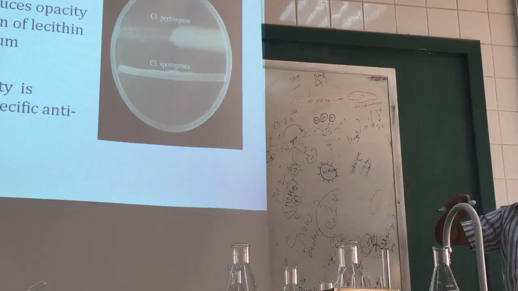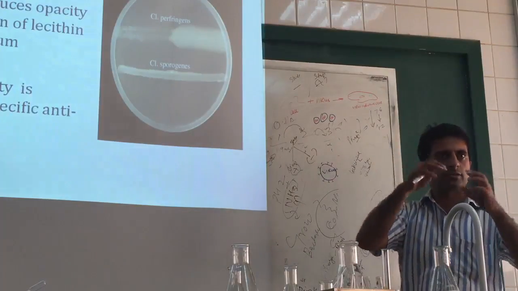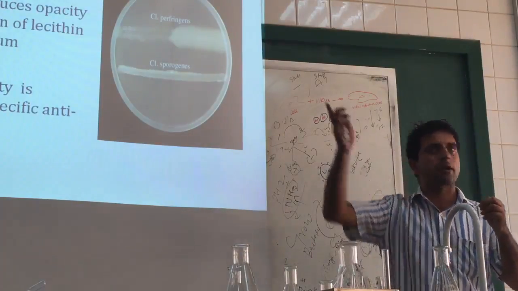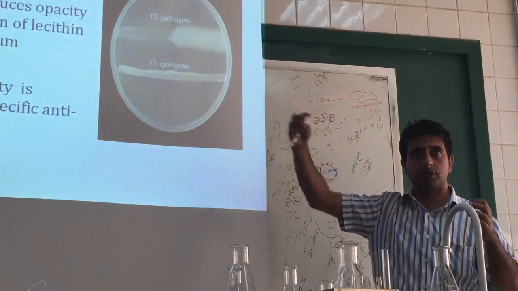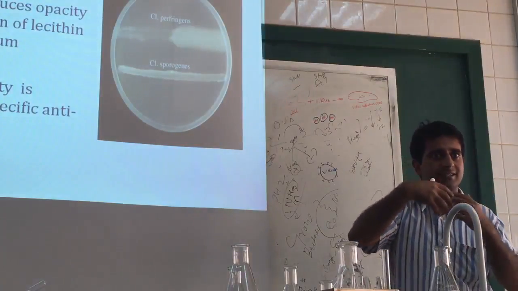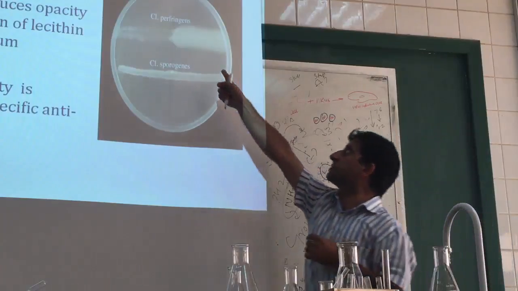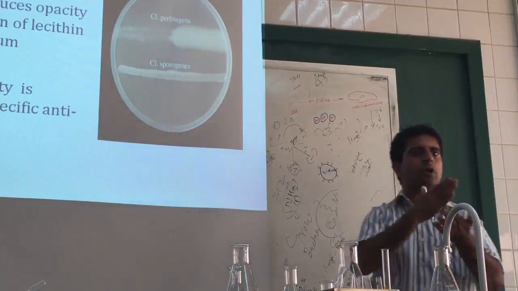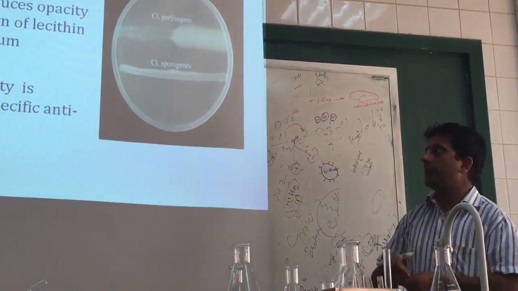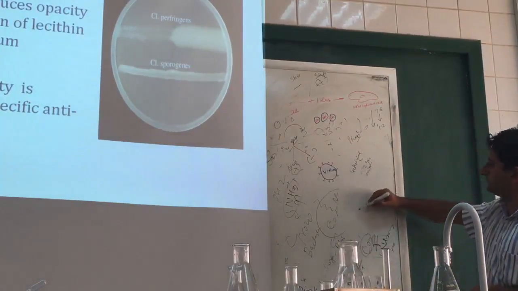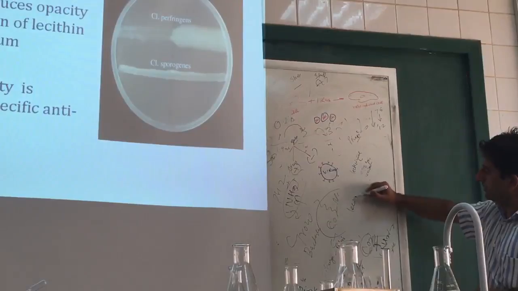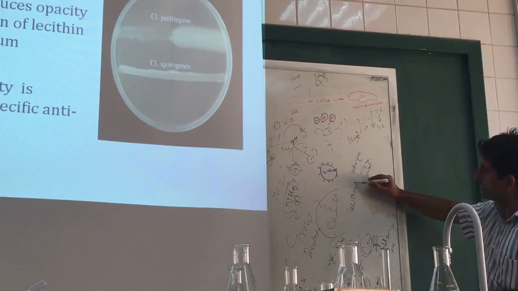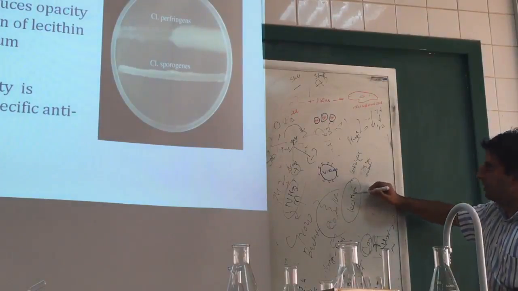And it attacks, the lecithinase or alpha toxin produced by Clostridium perfringens. It attacks the lecithin present in the media and makes this type of form. Opaque. This means it has broken down the lecithin. Lecithin is a component of the cell wall.